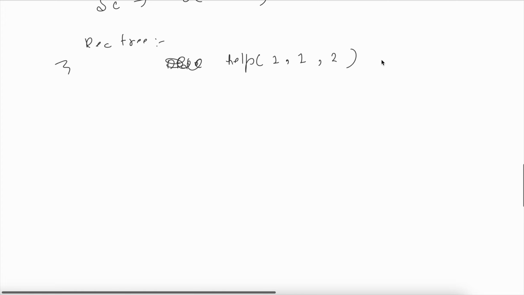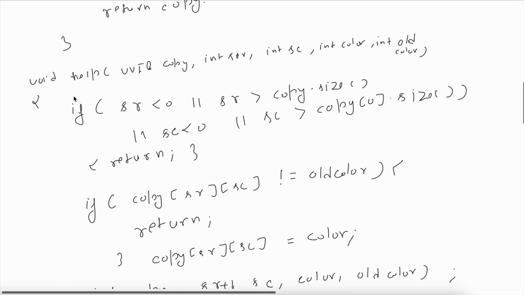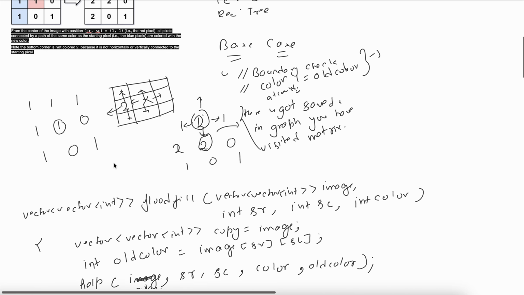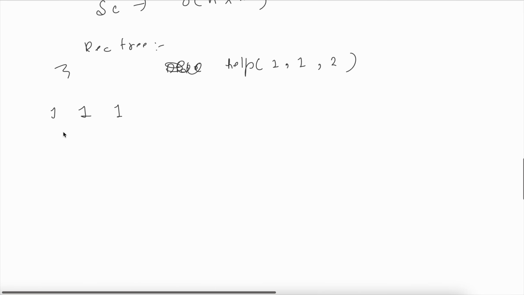We have a matrix, I will make the matrix here. What was the matrix? 1 1 1, 1 1 0, 0 1 1, 1 1 1, 1 1 0, 1 1 0 1 0 1.